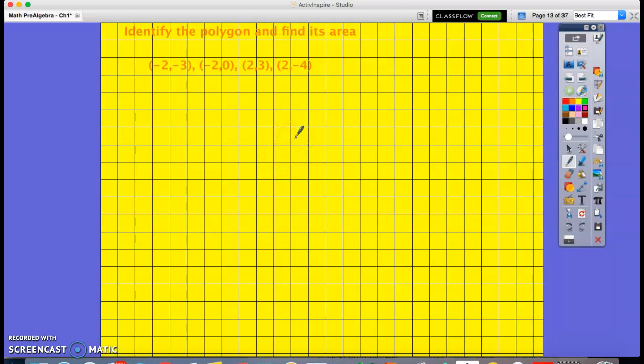If you have one pair of parallel sides, it's a trapezoid. If you have two sets of parallel sides, it's a parallelogram. So pause the video and check it.